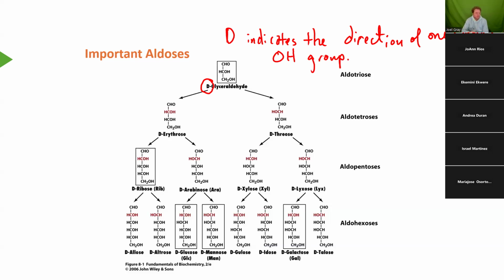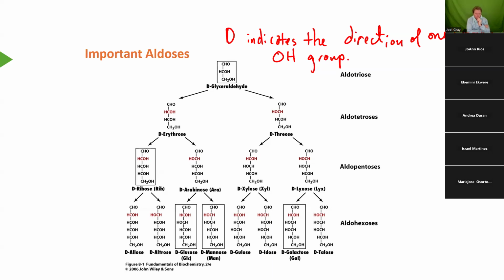Okay. Now, when you look at all of these different structures, how many of these structures have the capital letter D in front of their name? Absolutely. They all have the capital letter D in front of them.